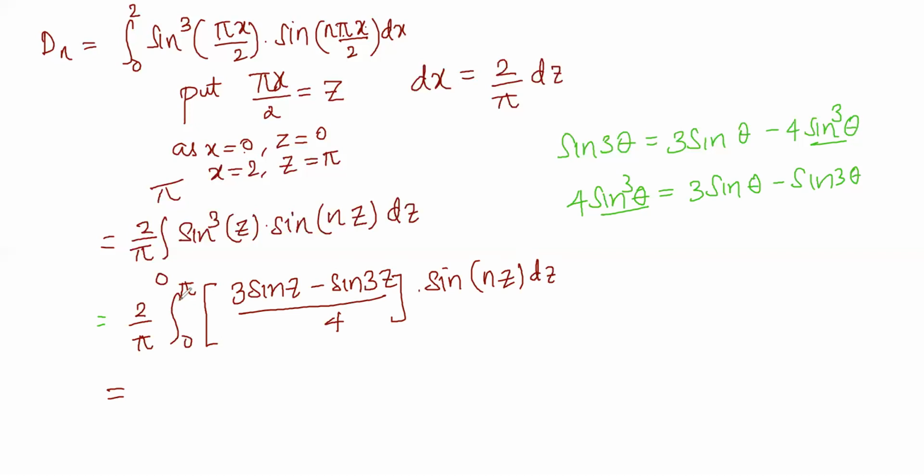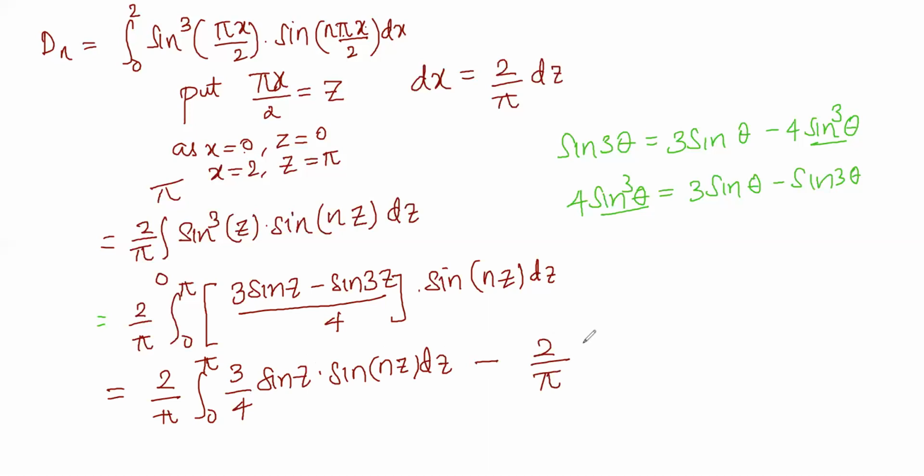So 2 upon pi times integral 0 to pi, this 3 upon 4, and then sine z into sine n z dz, minus 2 upon pi, then integral 0 to pi, 1 upon 4 times sine 3z into sine n z dz.